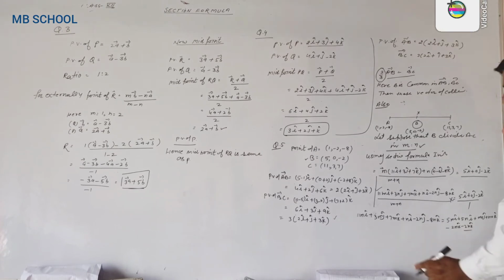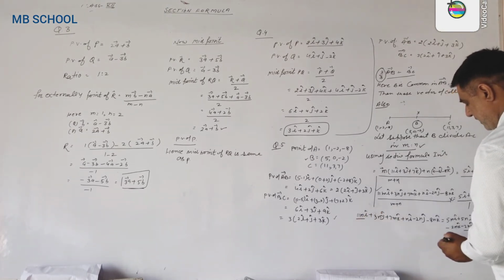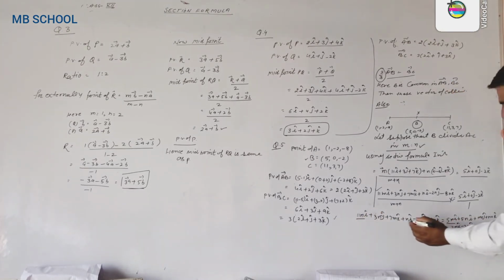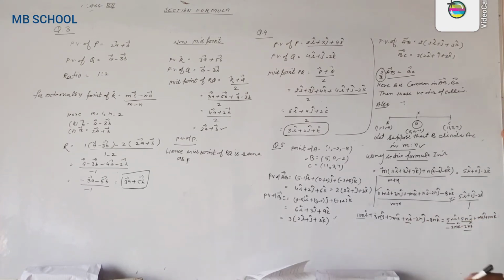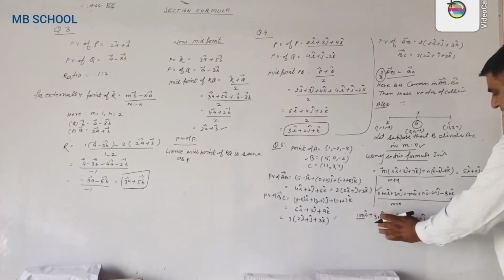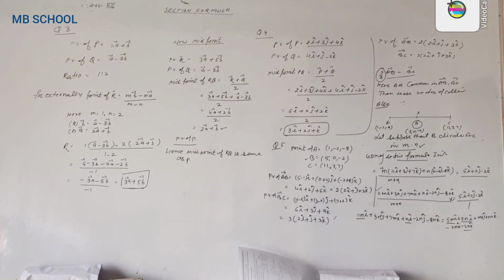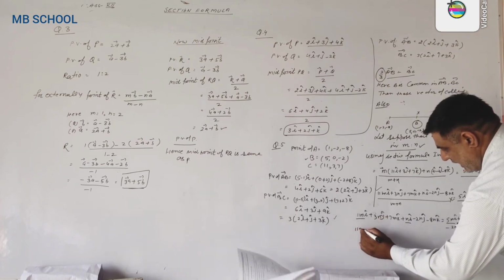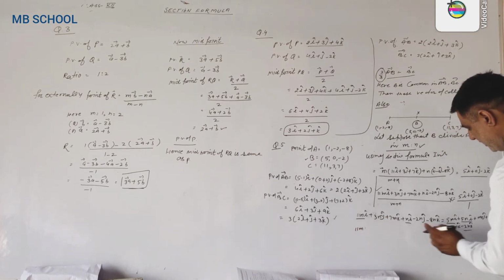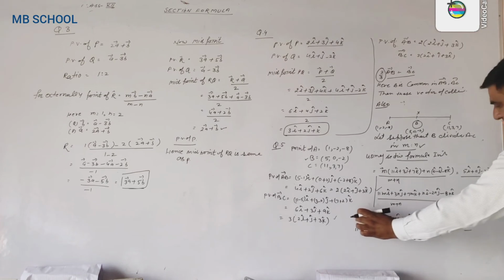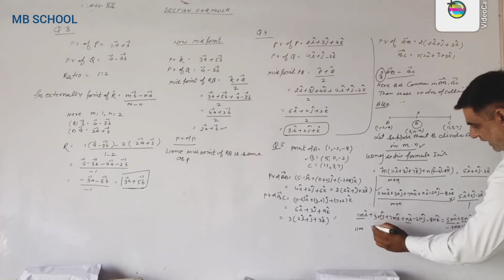Now we compare these: m like to this m, n like to this n. So we compare these two vectors, when i equals i, j equals j and k equals k. So here 11m, the coefficient of m in i, equals 5m.